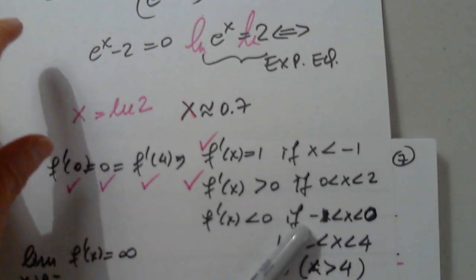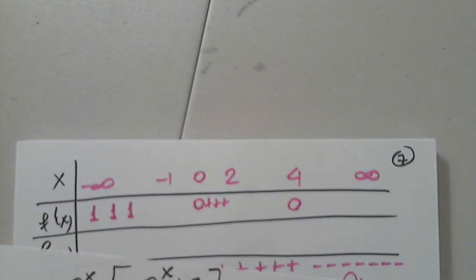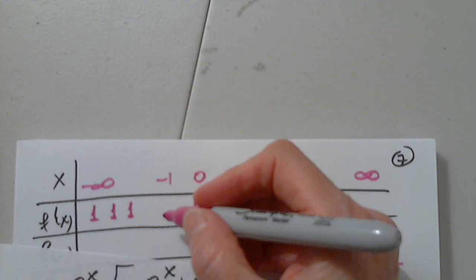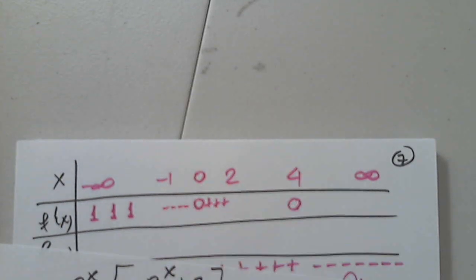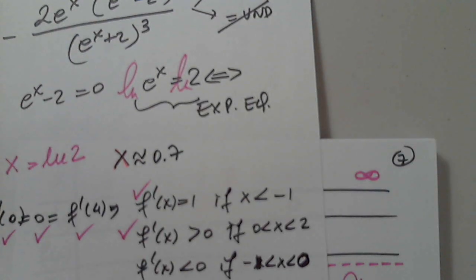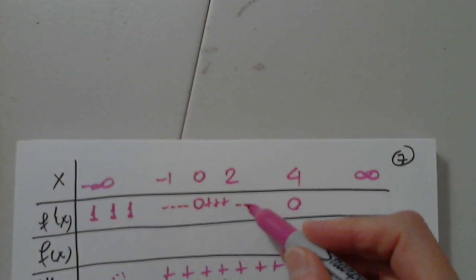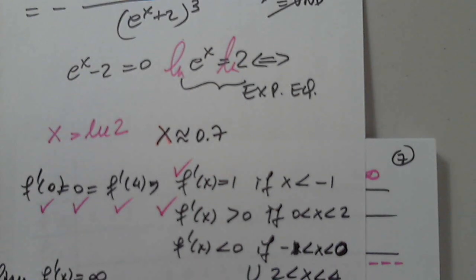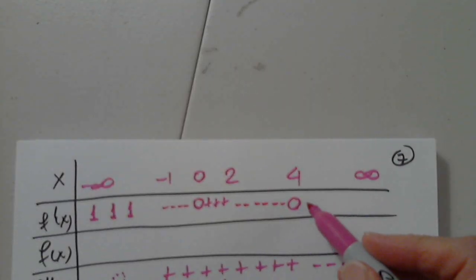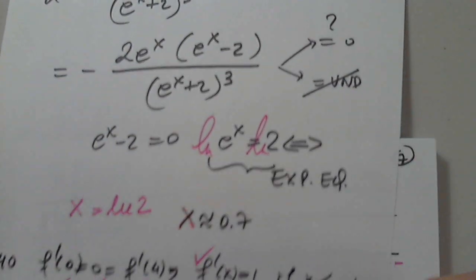Good. So between negative 1 and 0, the derivative is negative. And also between 2 and 4. And also to the right of 4. All negative.